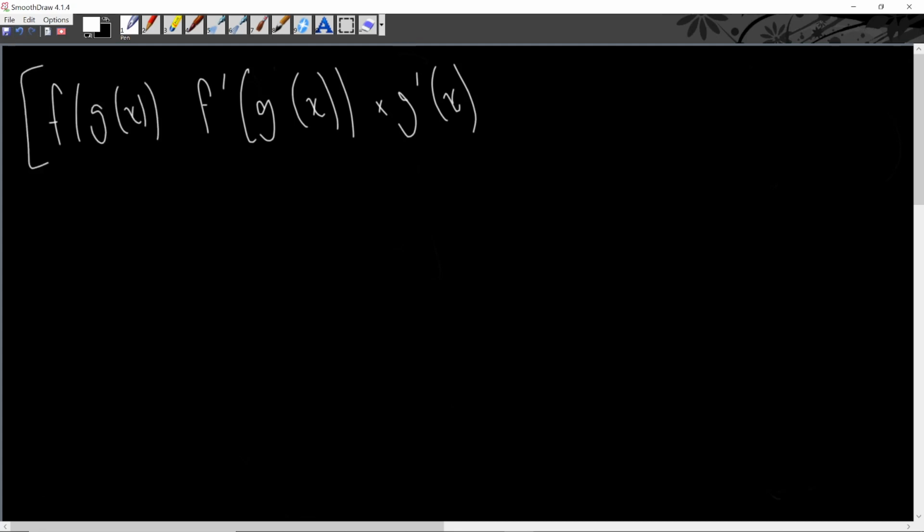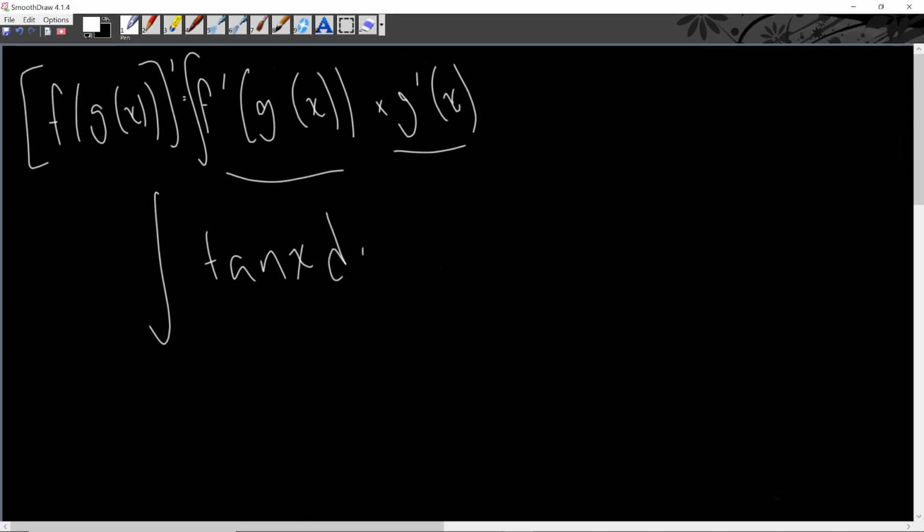When doing this integral, if we're trying to undifferentiate this, we have to account for this g prime of x and for the antiderivative of f prime of g of x. So let's do something called u sub. We have tan x dx to integrate, and based on our knowledge of trig identities, we know that tan x is equal to sine x over cosine x, right?